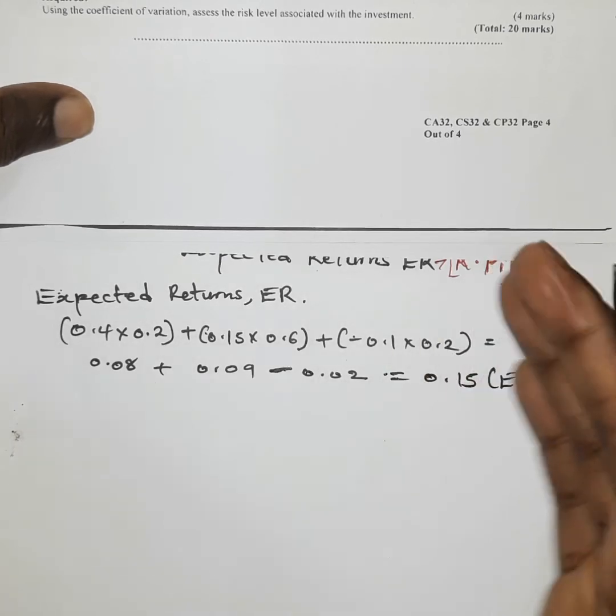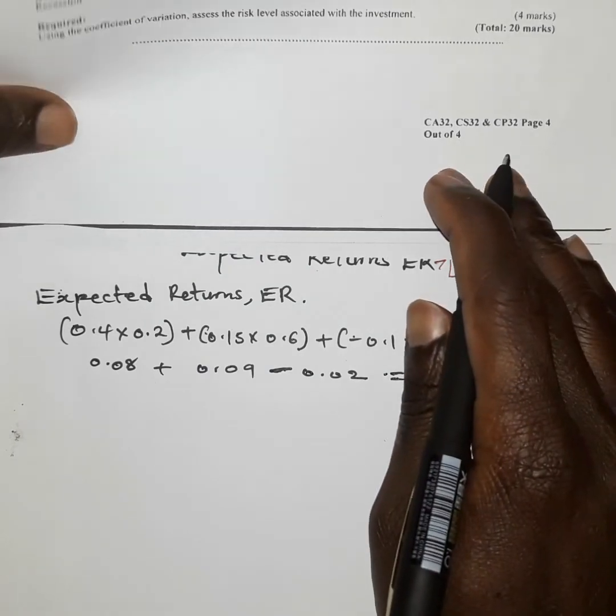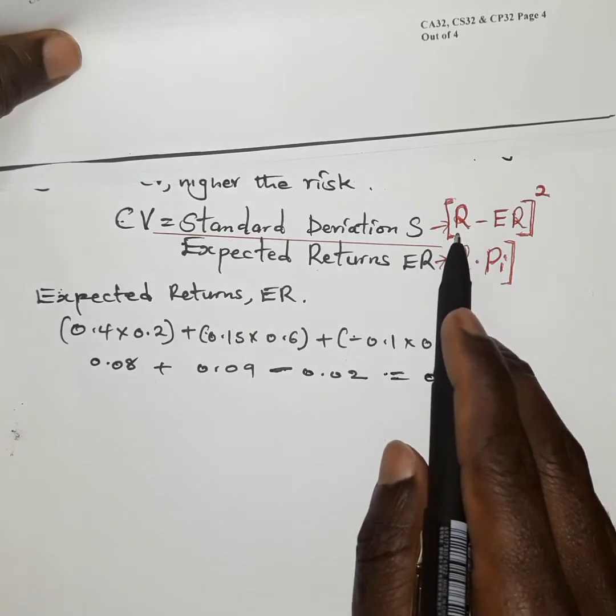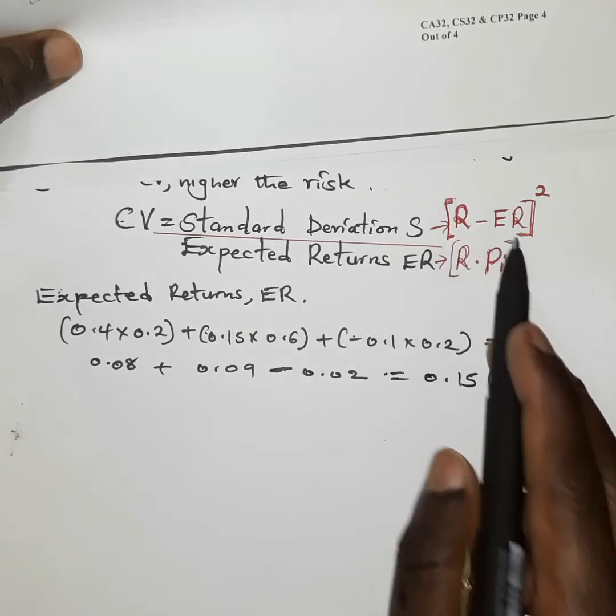Now we are supposed to get the standard deviation. That is the difference between the returns R minus ER, squared.